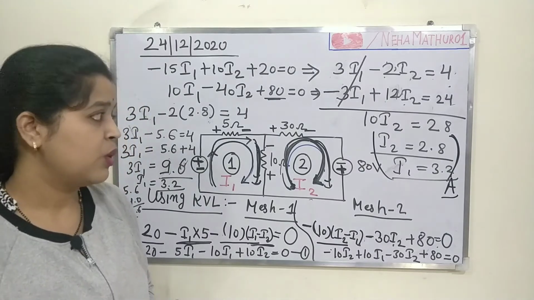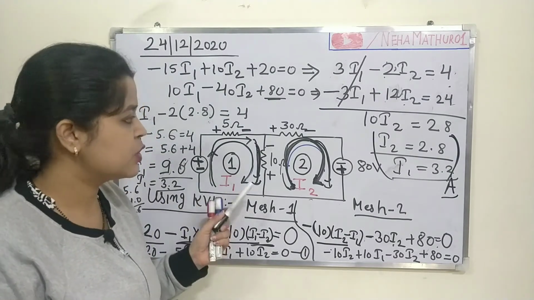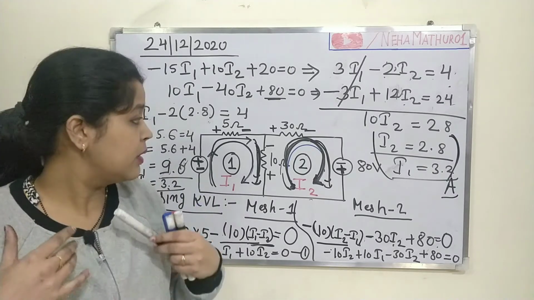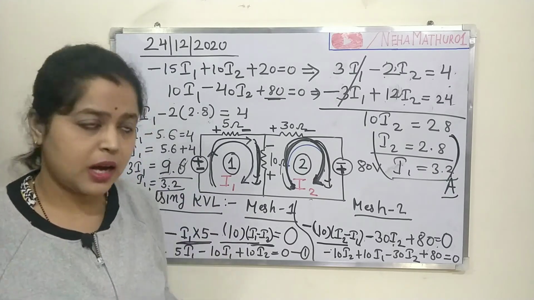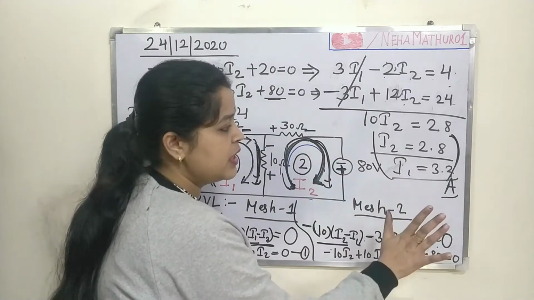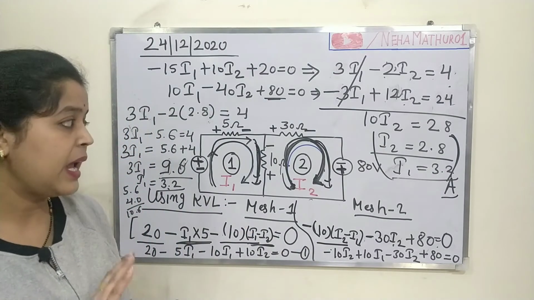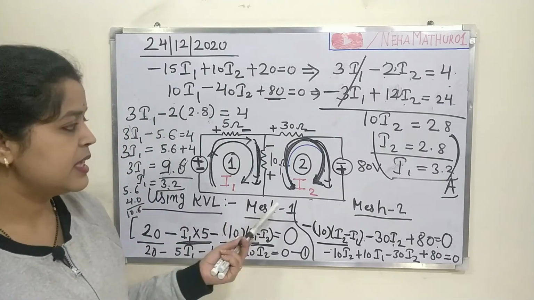Now the thing is, what was the actual question asked by the examiner, or what kind of question may an examiner ask in such cases. Since you have already calculated I1 and I2, you will be able to give any answer related to this circuit.